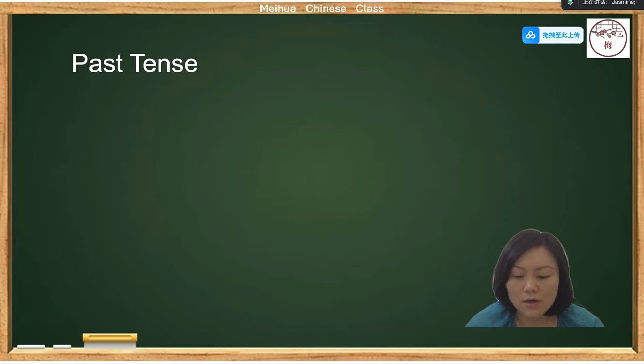Okay, for all the examples above, we're talking about either the present tense or the future tense. How about the past tense? Is it the same or different? For a verb, it is different.